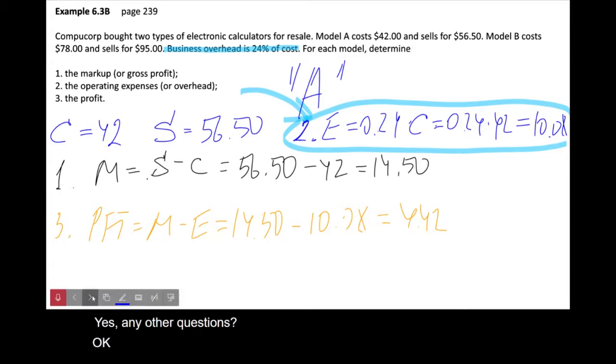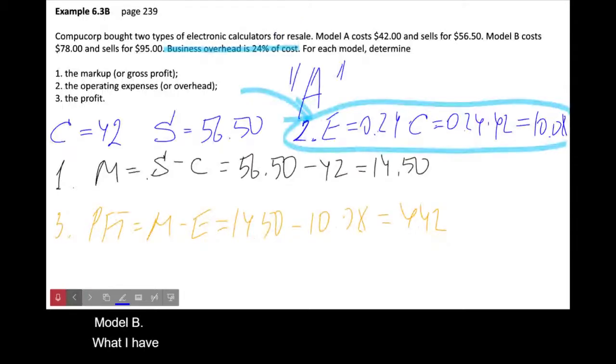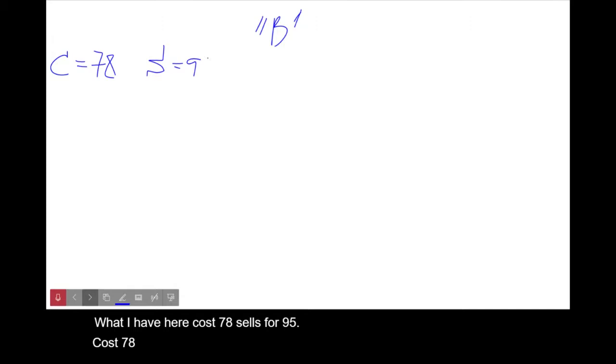Okay, so let's start Model B. What I have here: cost 78, sells for 95. Operating expense, so I will answer that.